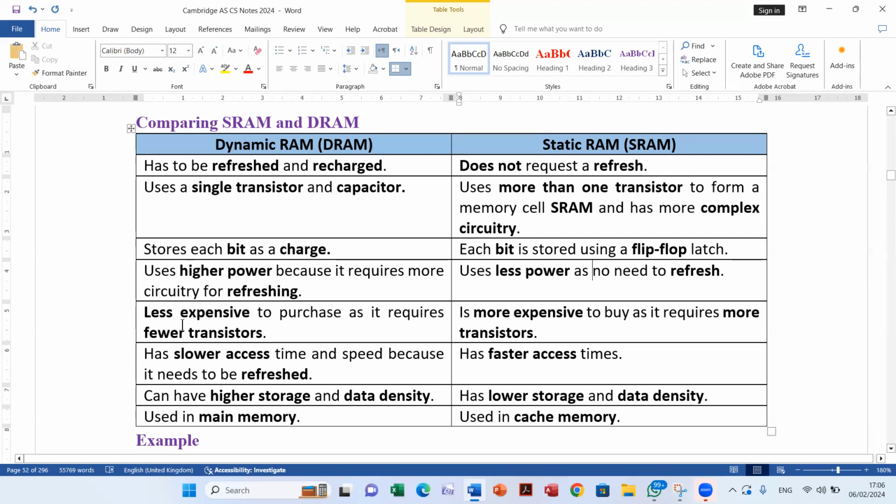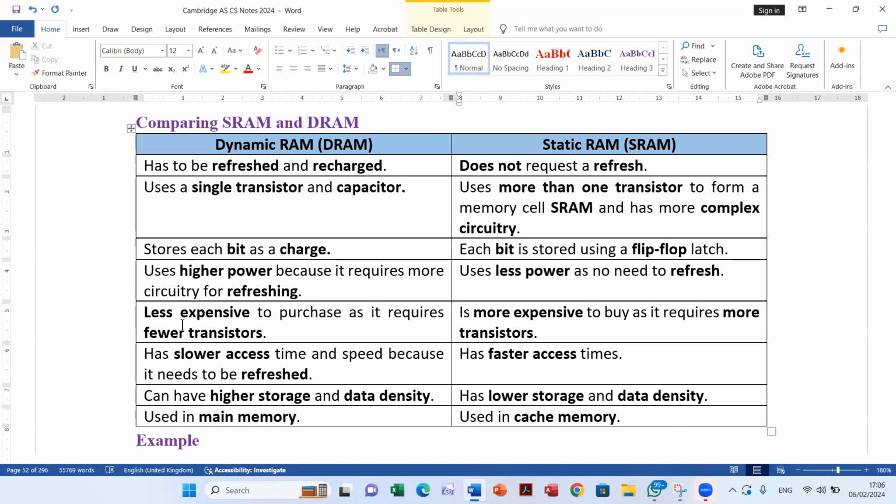The static RAM is more expensive to buy as it requires more transistors. The dynamic RAM has slower access time and speed because it needs to be refreshed. The static RAM is much faster. The dynamic RAM has higher capacity. The static RAM has lower capacity because it is complex.